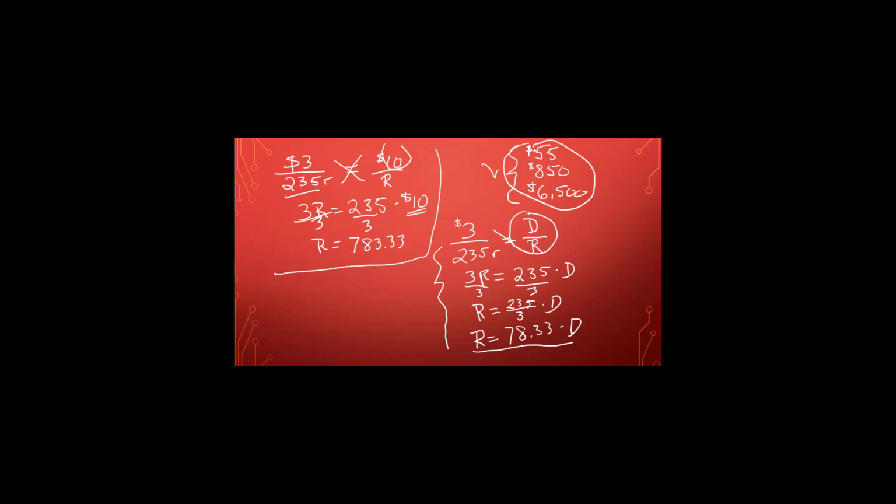That is the way in which I can now use this equation to convert these dollar amounts into rubles. If I wanted to flip it, right, here's my cross multiplication: 3 times R equals 235 times D. If I divided both sides by 235, I would get dollars equals 3 divided by 235 times rubles.